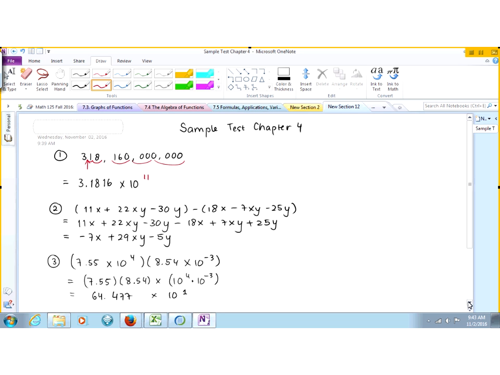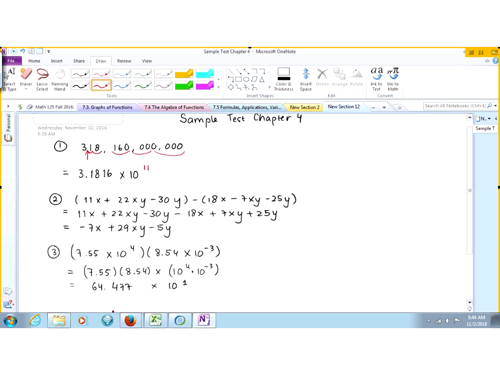This is 64, which is larger than 10. So what am I supposed to do here? We rewrite it: 6.4477 times 10 to the first power, from your 64, but I still need to copy this part.